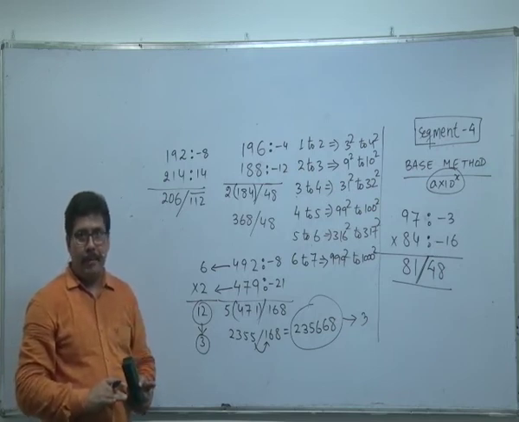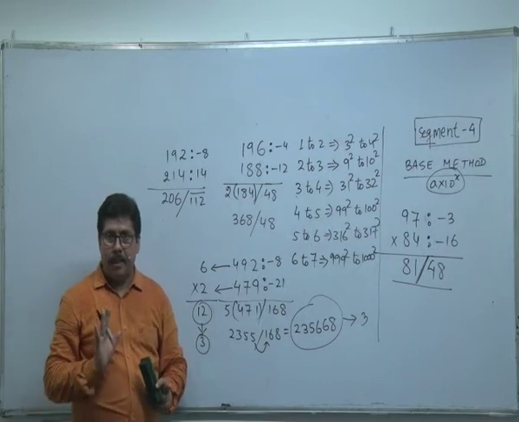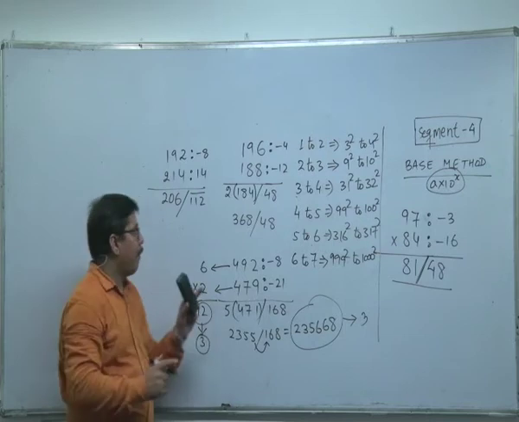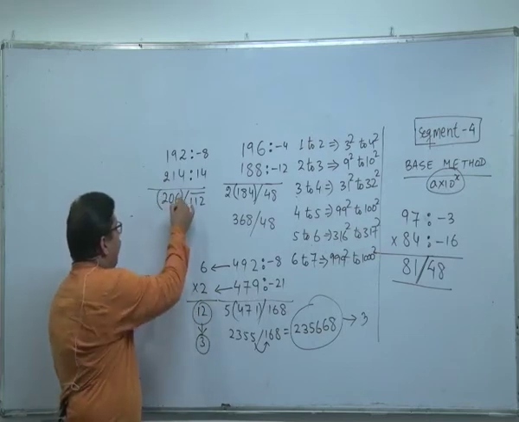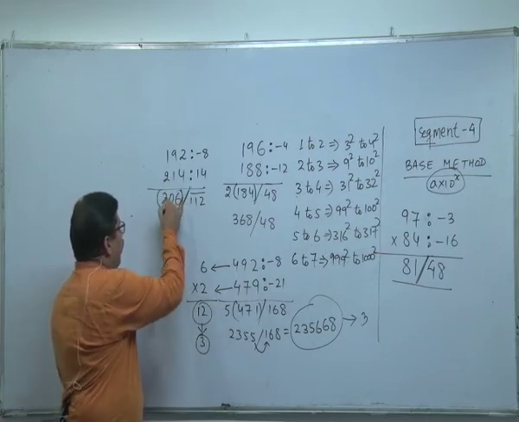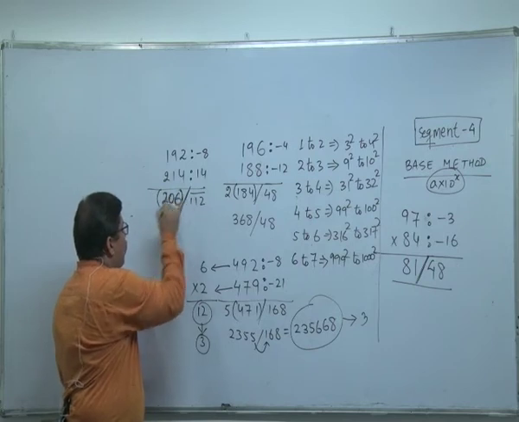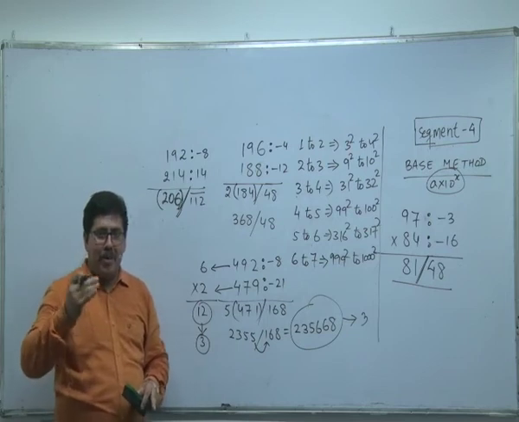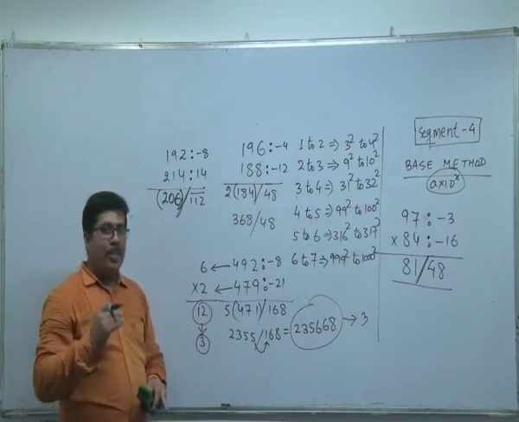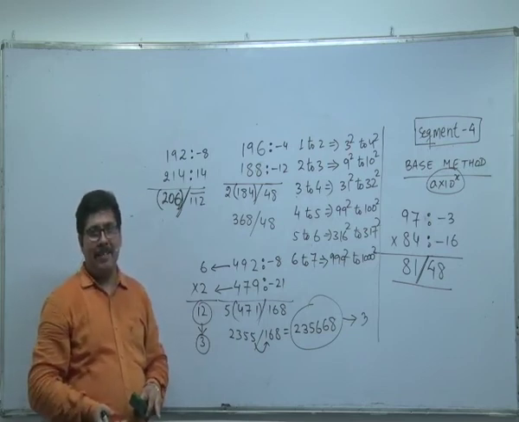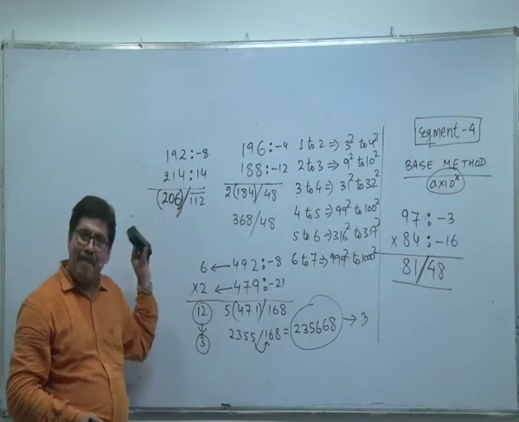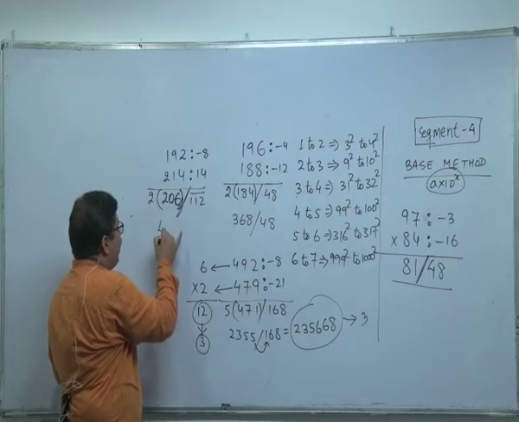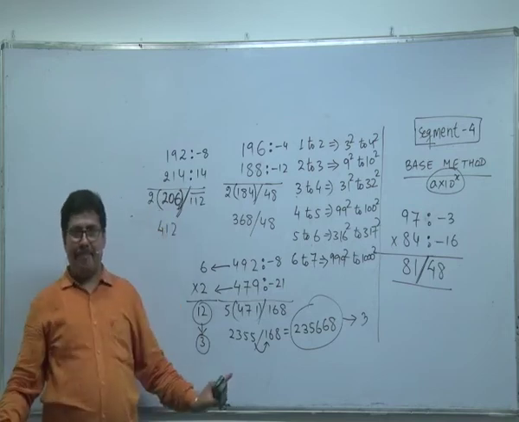Right? Next step is multiplication by 2. Since both the multiplicands are near about 200, we are supposed to multiply this number by 2. This into 2 is 412, isn't it?